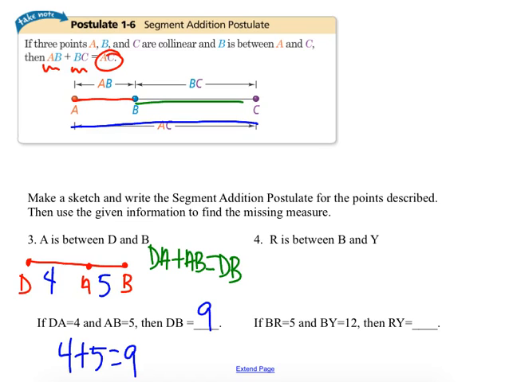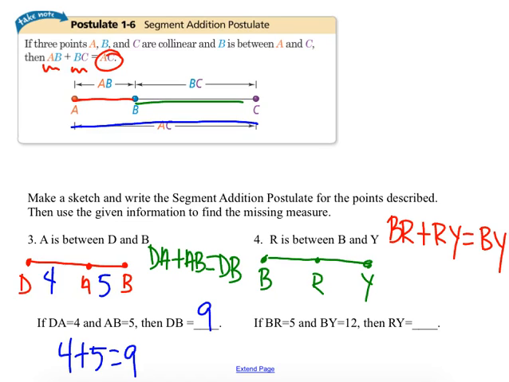Okay, let's try it again. R is between B and Y. Here's my segment. B, Y, here's R. Now we're in segment addition. Remember, your 2 little pieces equal the whole. BR plus RY equals BY.